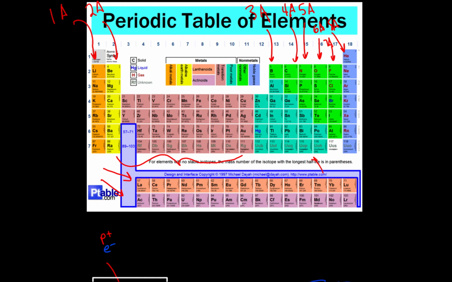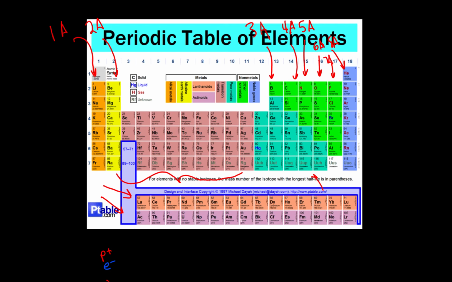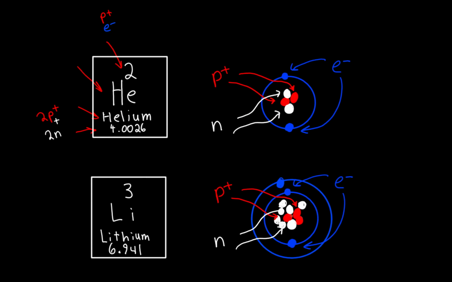Lithium is in group 1A, therefore it only has 1 valence electron. And if we went to beryllium, we would add 1 proton, 1 electron, and that electron would be, again, on the outer shell. So it would be drawn right here. And then beryllium would have 2 valence electrons, so 2 on the outer shell.